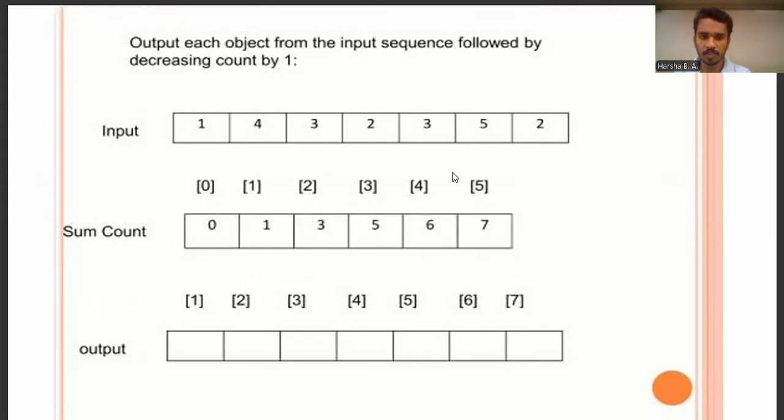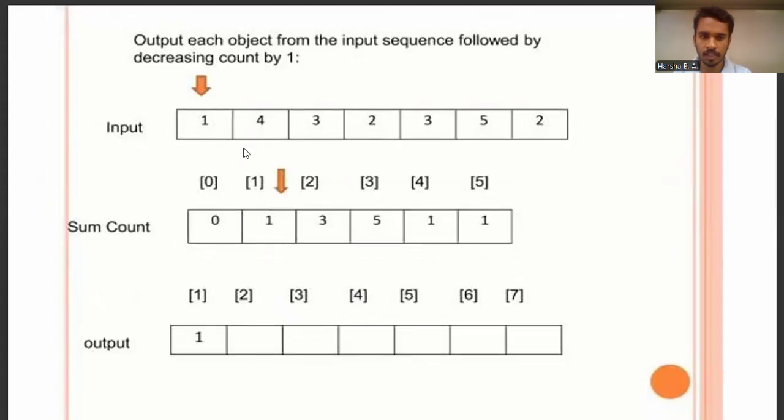The sum count is 0, 1, 3, 5, 6, 7. So here we are getting the numbers from 0 to 7. So we have to take the index of output array ranging from 1 to 7. So here it is written like that.